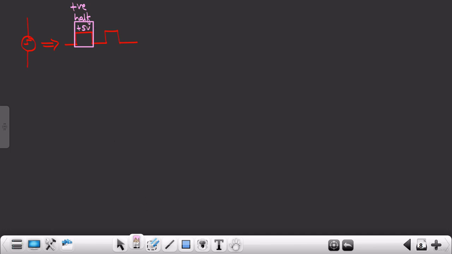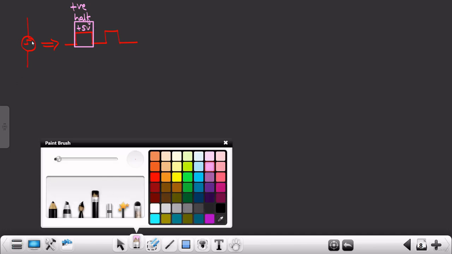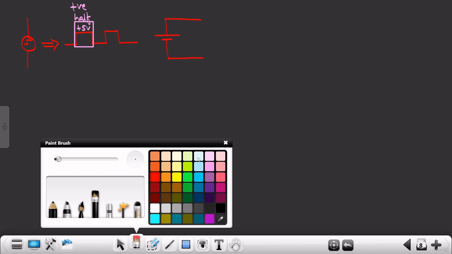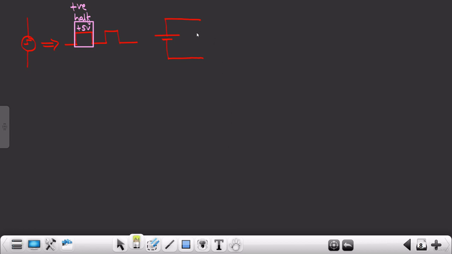Rather than representing this voltage source in this way, I can also represent it with plus and minus, indicating that we are dealing with this particular part, right? And then I'm feeding this to the capacitor. Let's suppose this is your capacitor C, right?